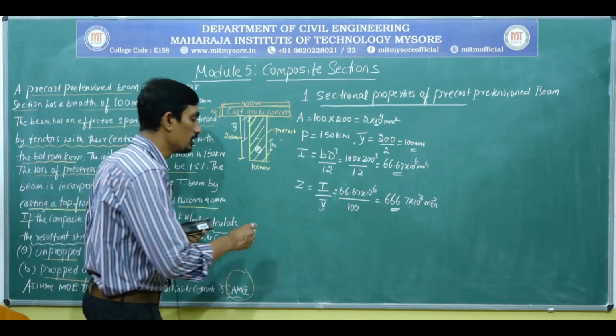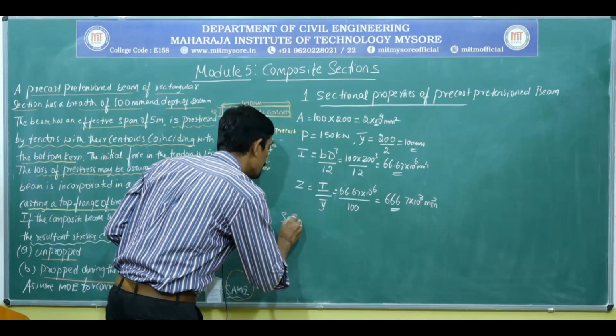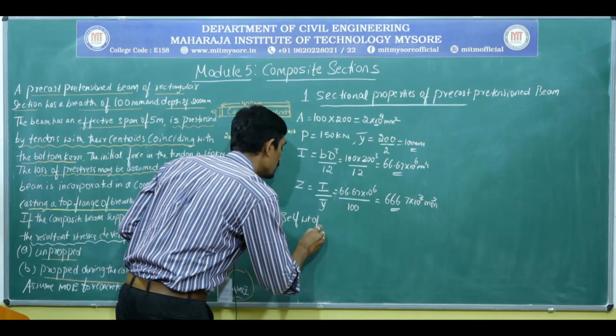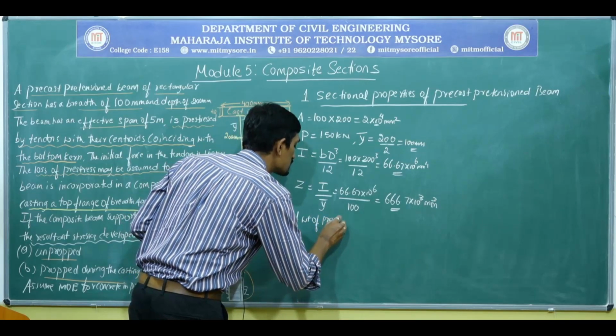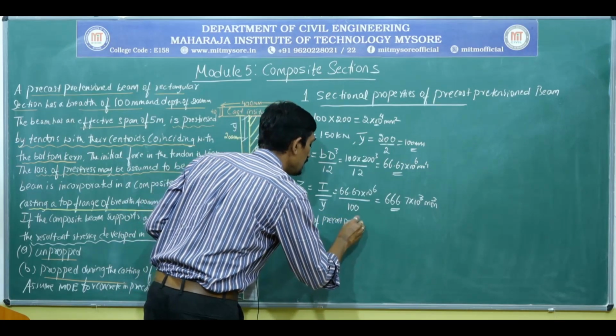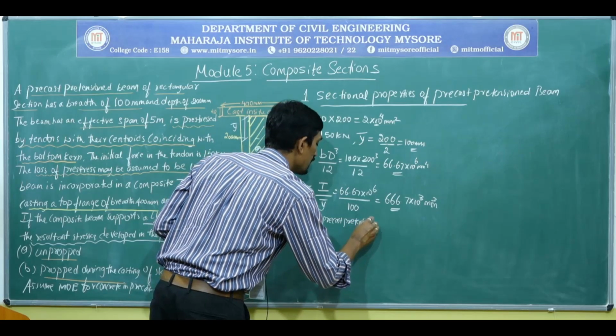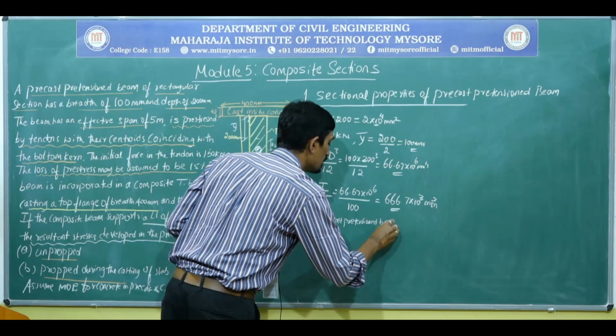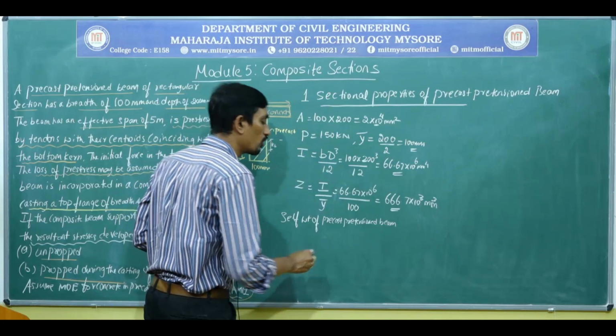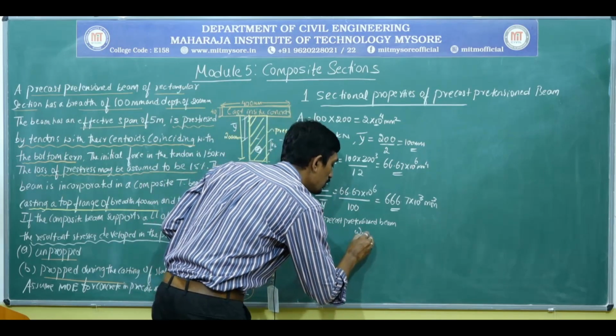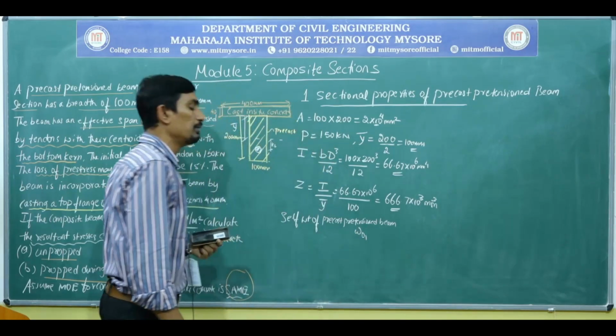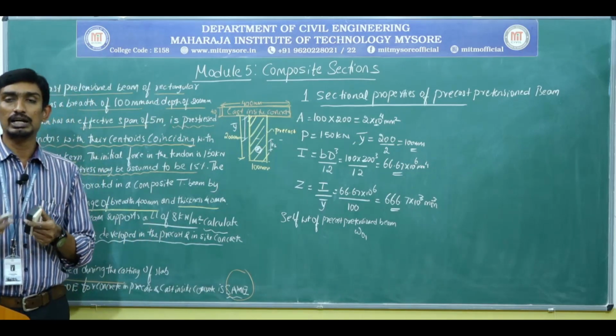And the next thing is self weight. Self weight of the precast pretension beam will be notated with WD1. I will notate it WD1 because many dead loads will come.